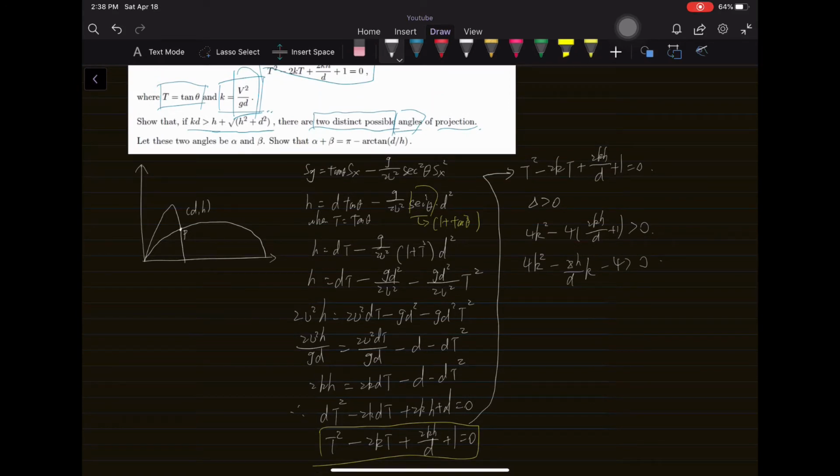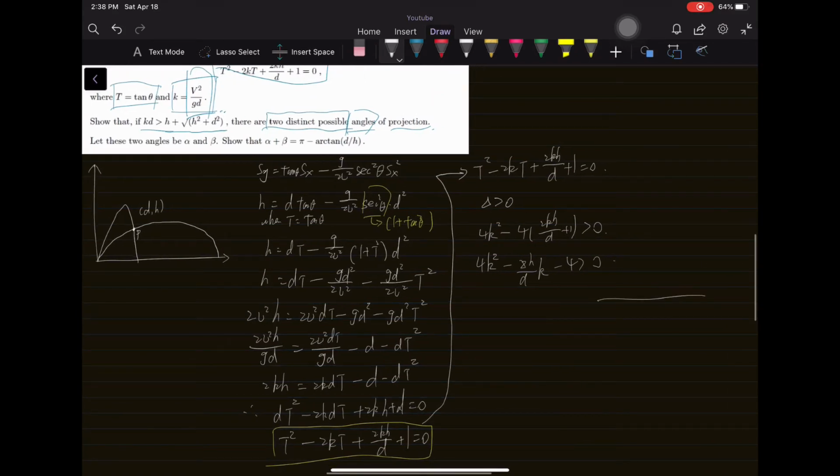This is another quadratic equation, and it has to be bigger than 0.